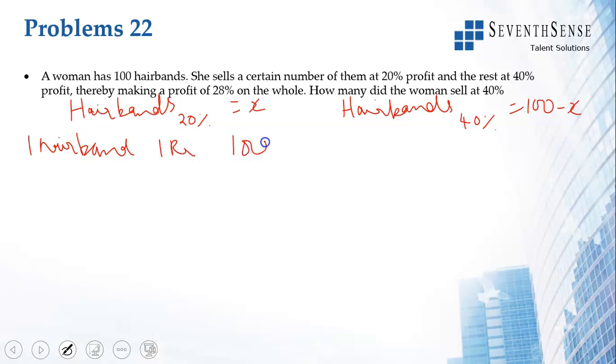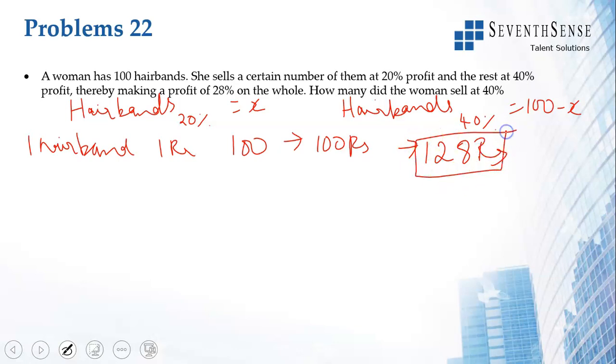So for 100 hairbands, I have spent 100 rupees. But if I'm getting a profit of 28% on the whole, ultimately when I'm selling these hairbands at a profit of 20%, 40%, I am making 28% on the whole, which means after selling all the hairbands, I'm getting 128 rupees. Okay, on 100 rupees, 28% is 28 rupees. Ultimately, I'm getting 128 rupees. How do I get this 128 rupees?